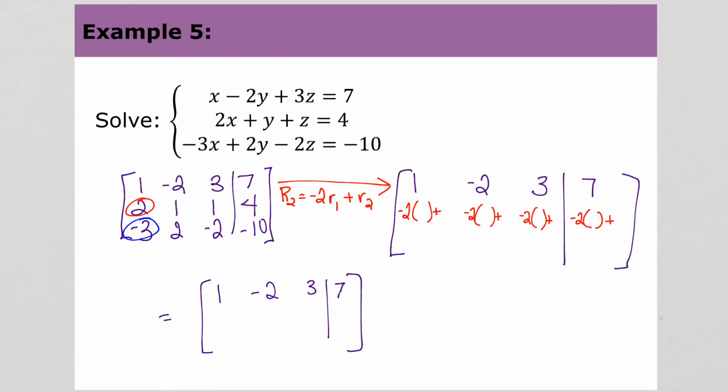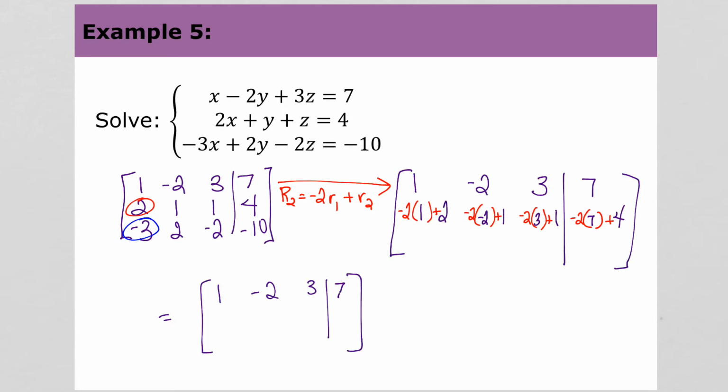There we go. Okay, so 2 times row 1, there's a 1 there, plus what was in row 2 is 2. 2 times row 1, negative 2, plus row 2, there's a 1 over here. 2 times row 1, that's a 3, plus what was in row 2, a 1. 2 times row 1, which is 7, plus what's in row 2 originally, the 4.